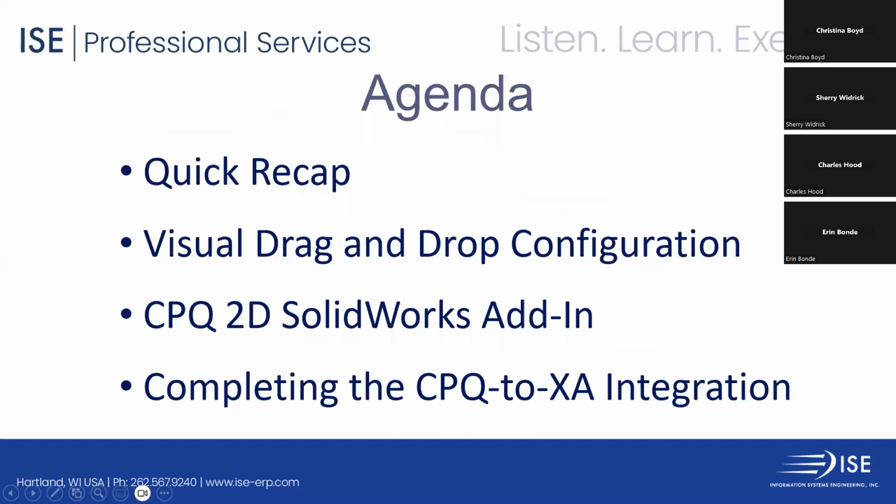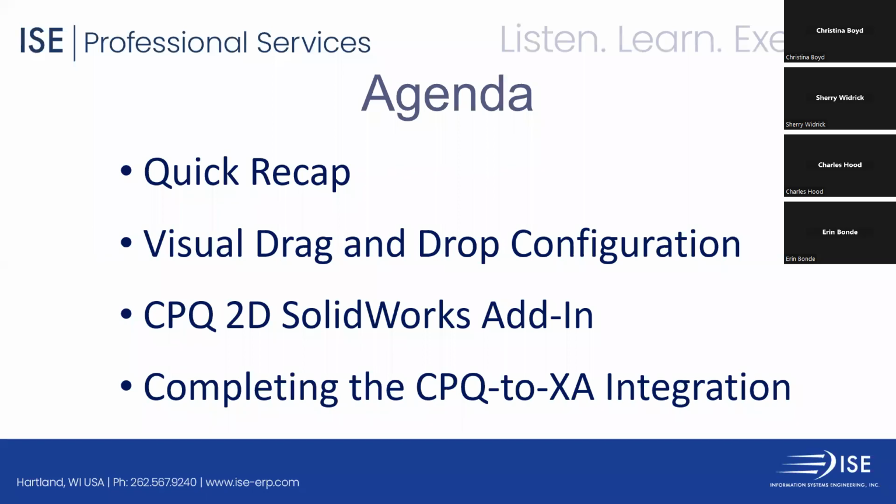All right, what will be the agenda for today? I do want to do a quick recap of the first 2 sessions. I want to talk about visual drag and drop configuration. I want to talk about CPQ 2D parametric drawing, the SolidWorks add-in in particular, although the AutoCAD Inventor has a parallel track as well. And then, as Sherry was mentioning, definitely want to talk about completing the CPQ to XA integration.